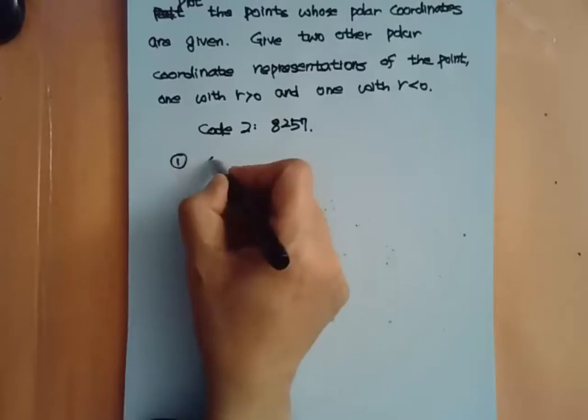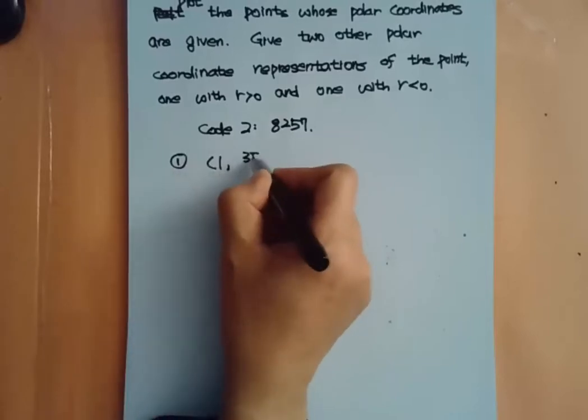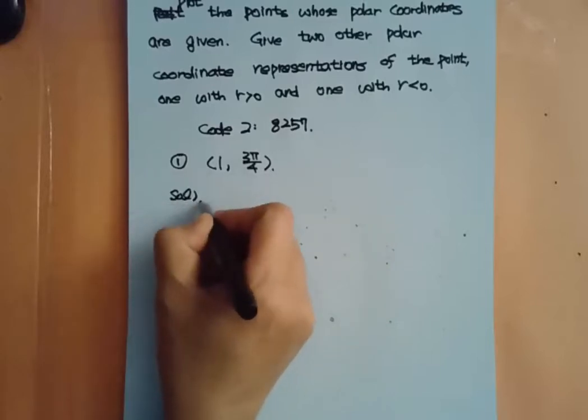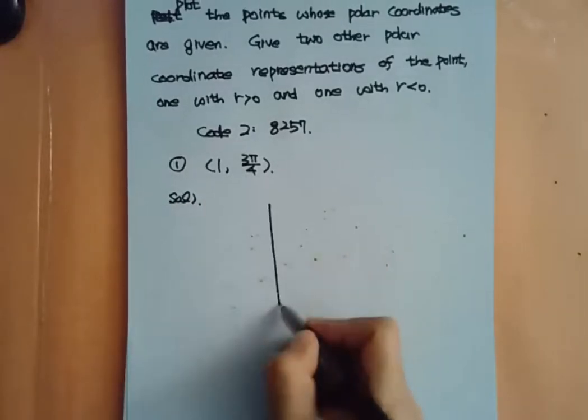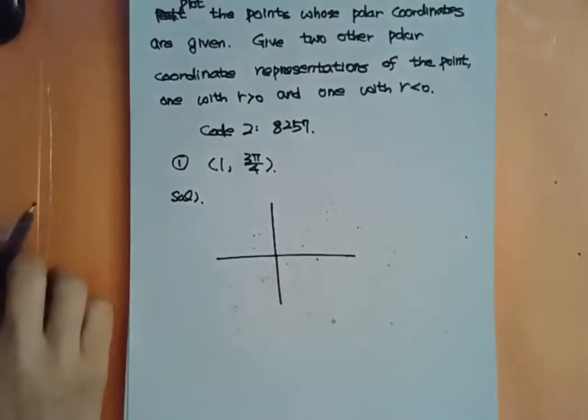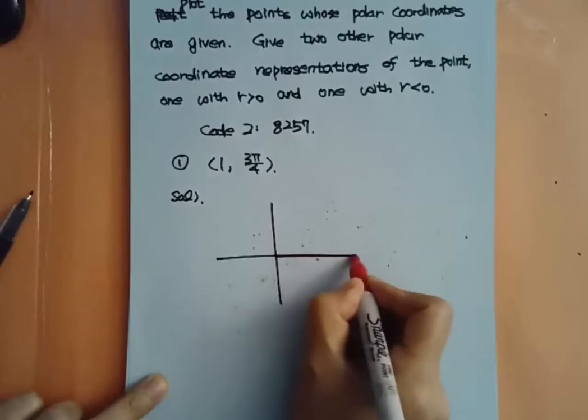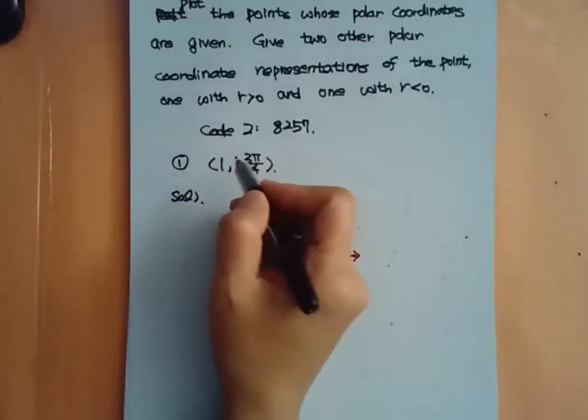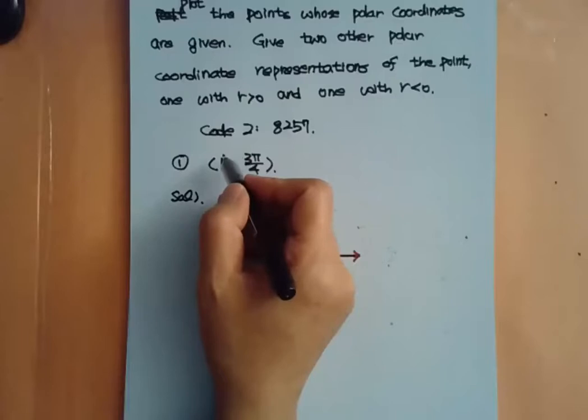The first one is (1, 3 pi over 4). The general process to identify the point is that you will identify the angle first, and then you will think about whether the r is given as positive or negative.